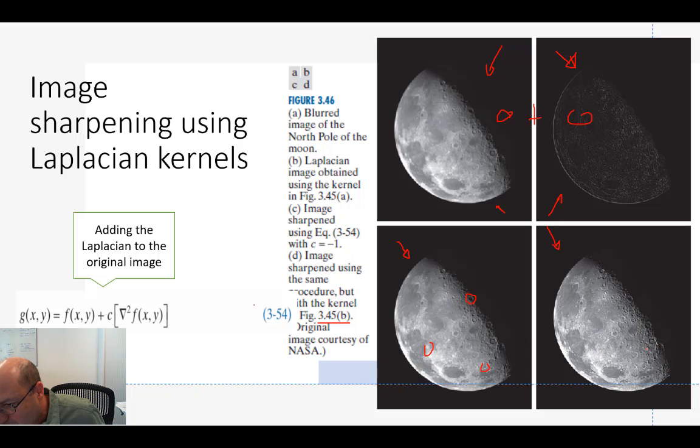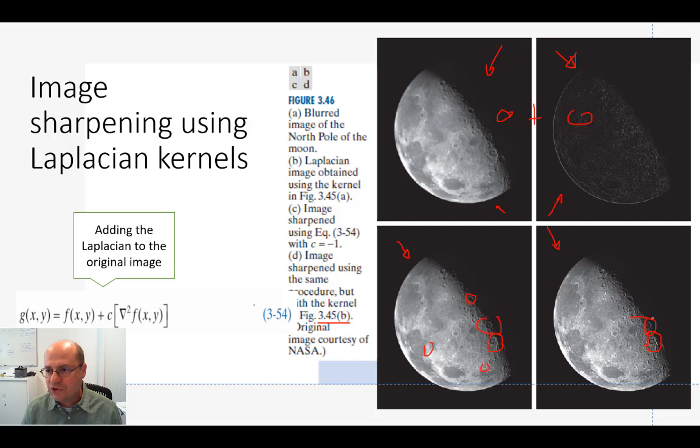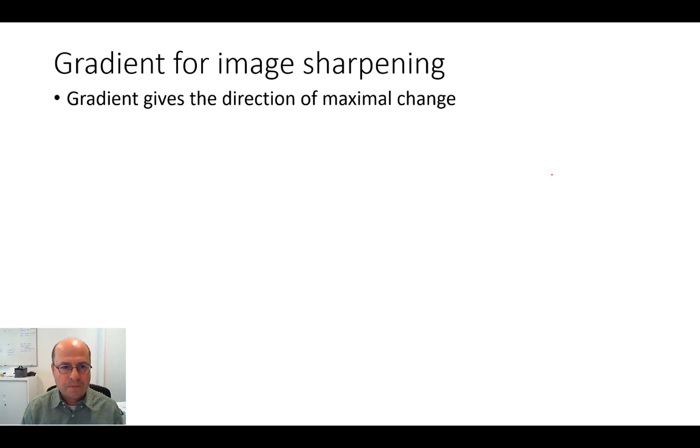You can see that it's much more pronounced. Look at these craters compared with that, and this with that. Quite nice, isn't it? Now, this is just a larger, negativized version of this one. You can see that. Right.